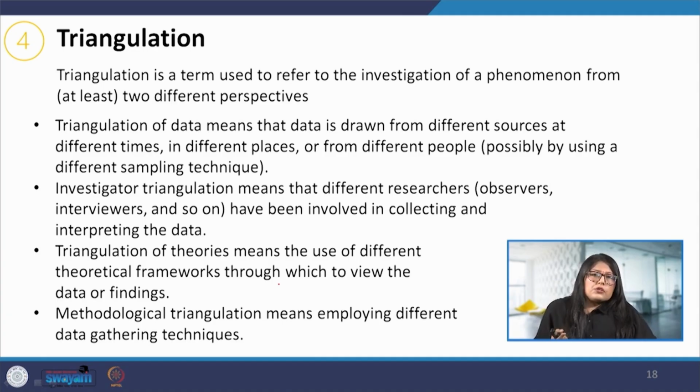Triangulation is mainly used in qualitative research, but it can also be applied in quantitative research. So, if one decides on a mixed method approach, then methodological triangulation is more appropriate.